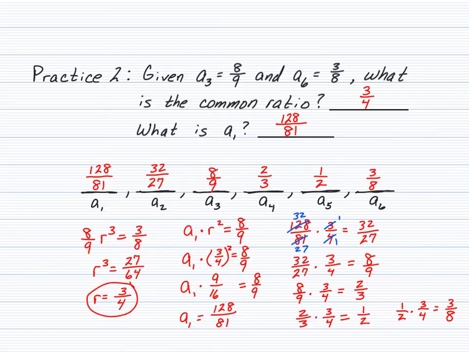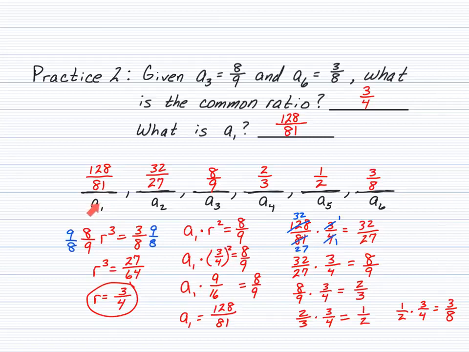Multiply both sides by 9/8 to reduce this, and you end up with 27/64 here. And then you take the cube root of both sides, and the cube root of 27 is 3, and cube root of 64 is 4. That's our common ratio.